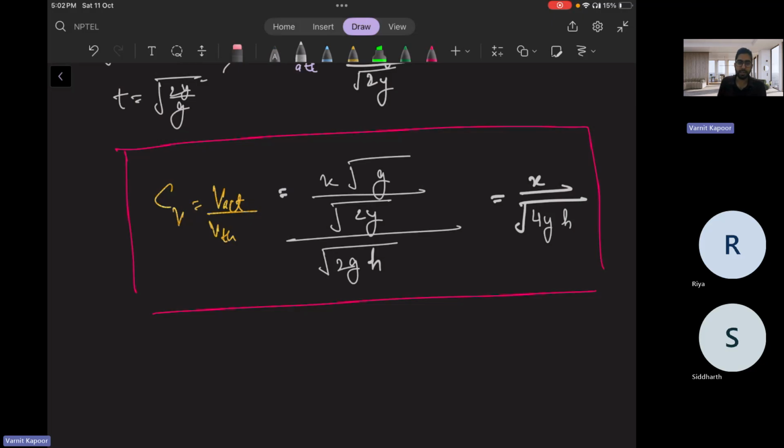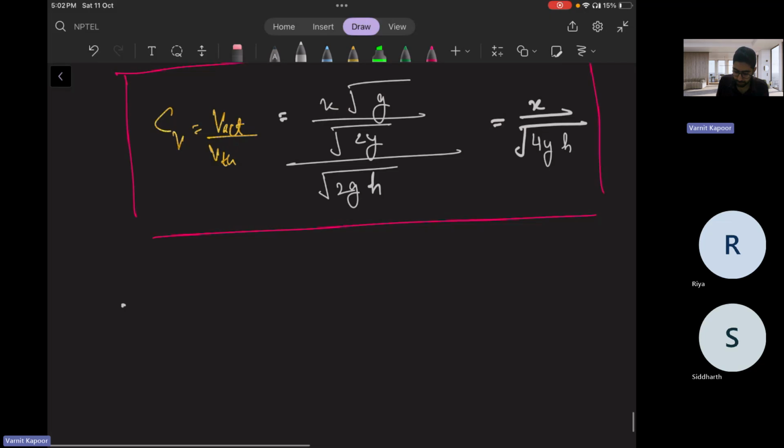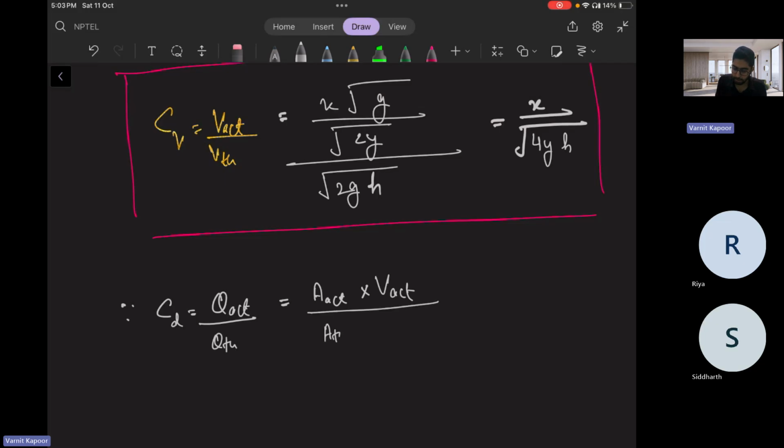Okay. We can write the relation between the discharge coefficient, coefficient of contraction, and coefficient of velocity. Since we know that CD, the coefficient of discharge, is Q actual by Q theoretical, and Q is area actual into V actual by area theoretical into V theoretical.